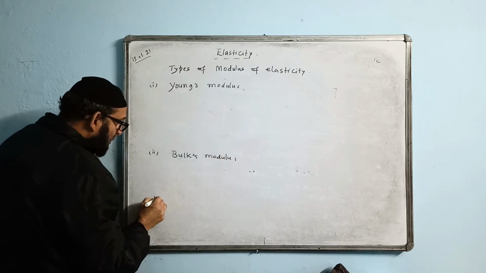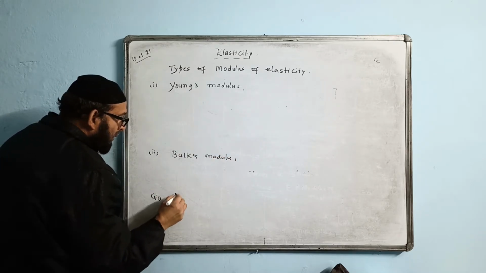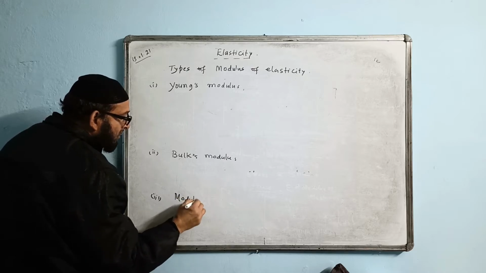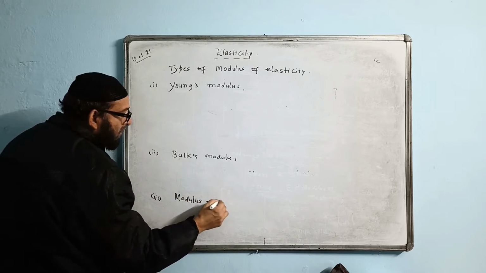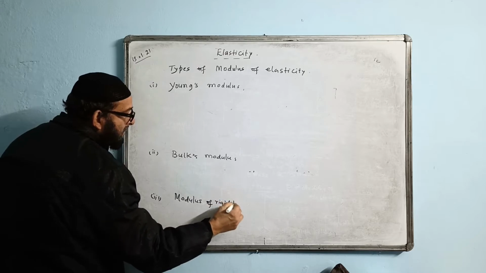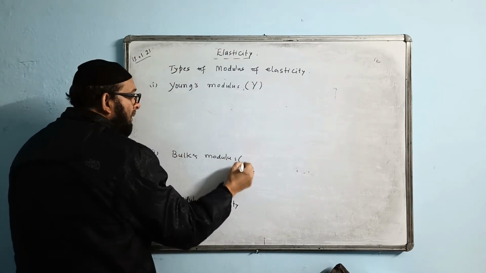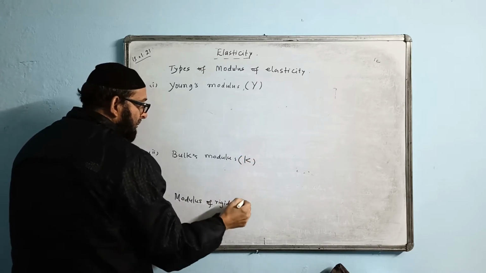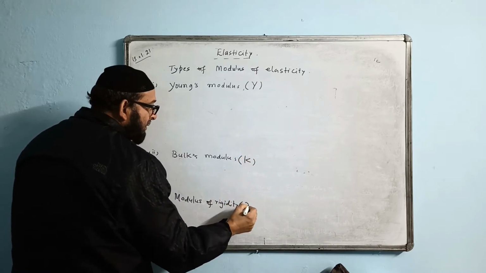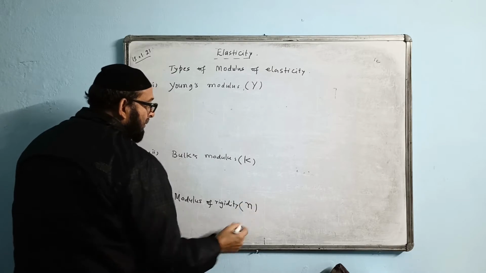And the third one is called modulus of rigidity. Young's modulus is denoted by Y, bulk modulus by K, modulus of rigidity denoted by N: Y, K, N.